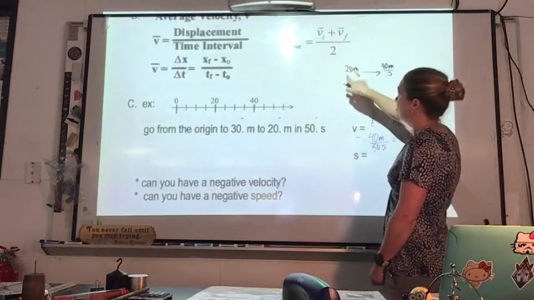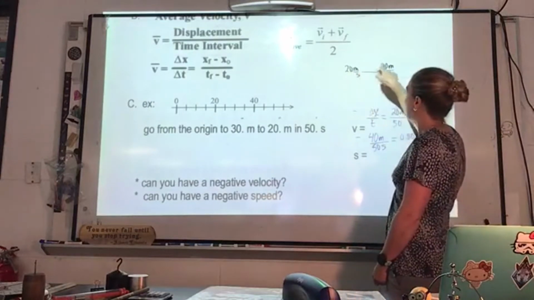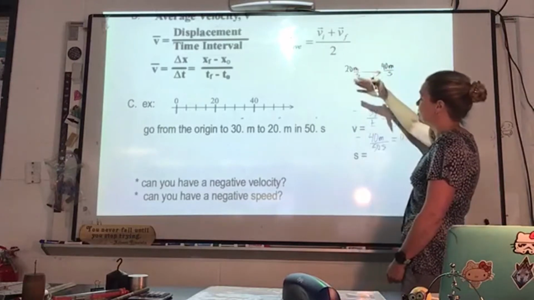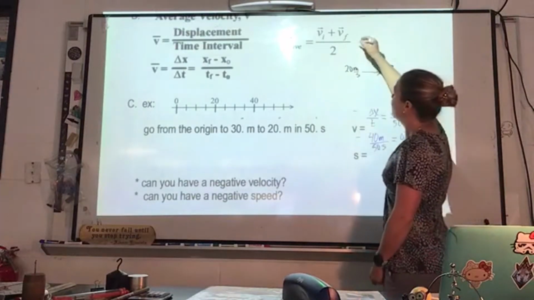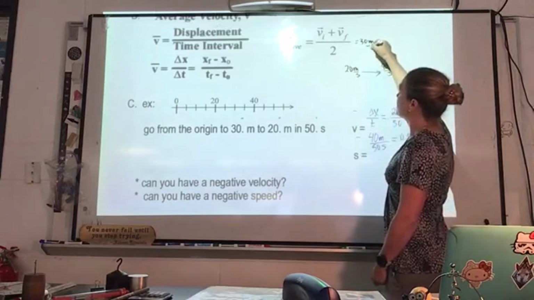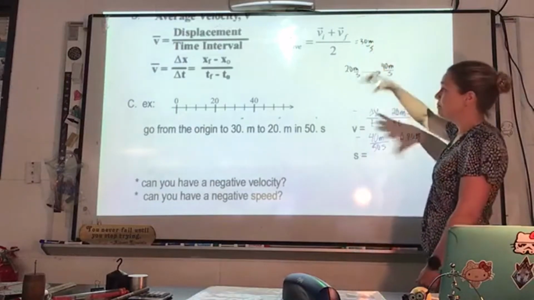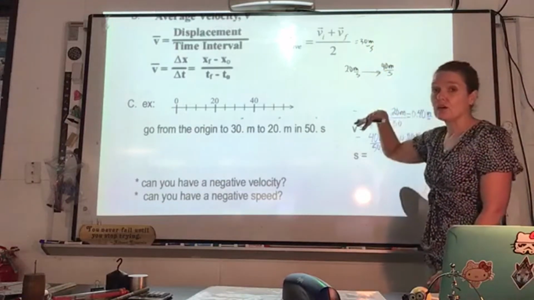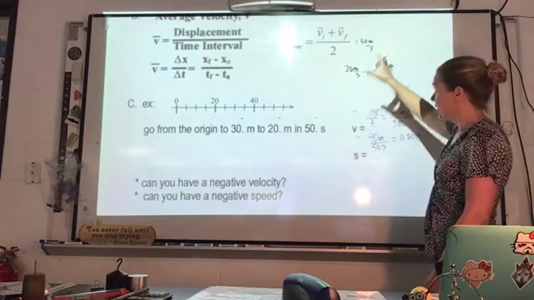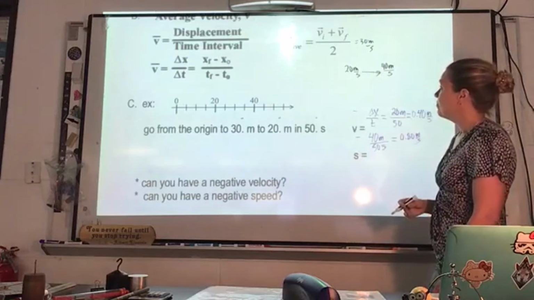Then 20 plus 40 divided by 2 would get us an average between, so your average would be 30 meters per second. That's a second way, depending on what information you have. If you didn't have how far you went, then that would be a way.